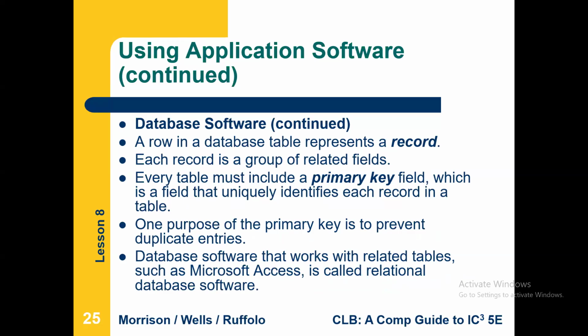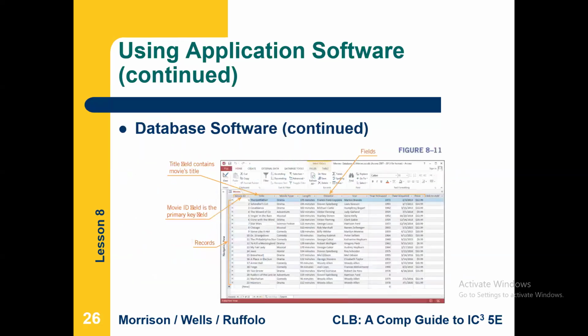This is looking more technical. Now you can see that this is our database, and our database is made up of rows and columns. These are the columns. The individual columns here represent characteristics that we are interested in from a particular person or a thing. Those are known as the fields.